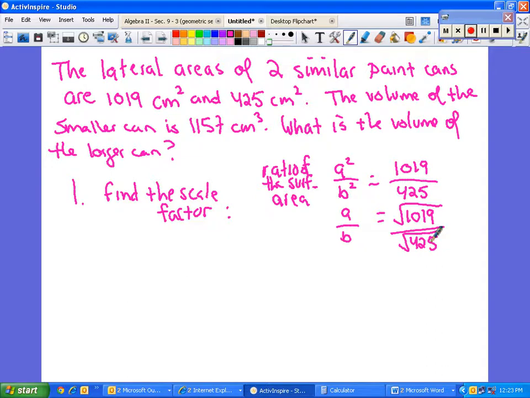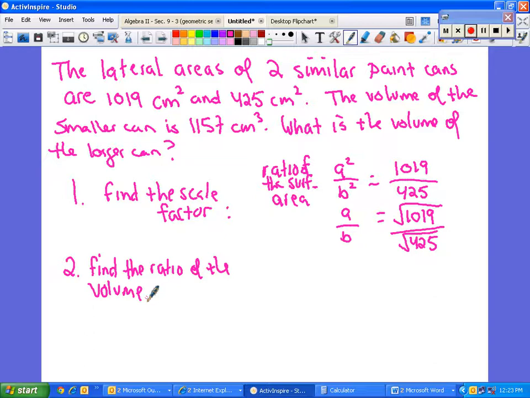So now I'm going to use this. This is step number 2, find the ratio of the volume. Notice I'm not putting those into my calculator. So if this is my scale factor, how do I find the scale factor of the volume?